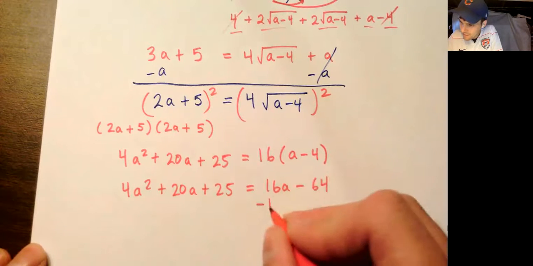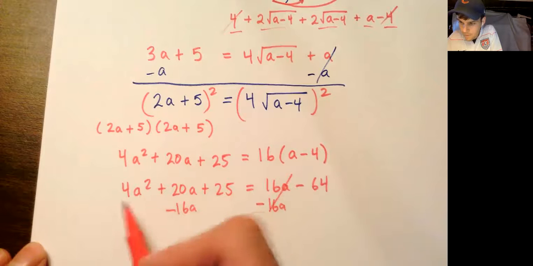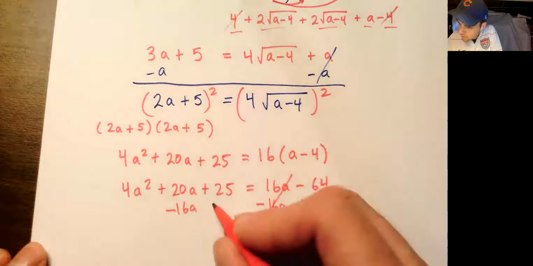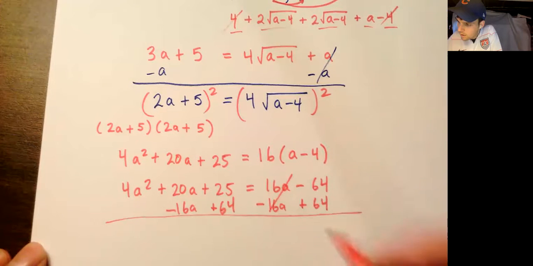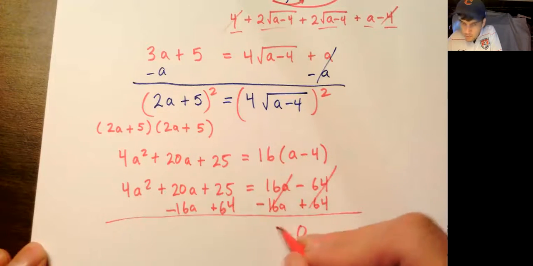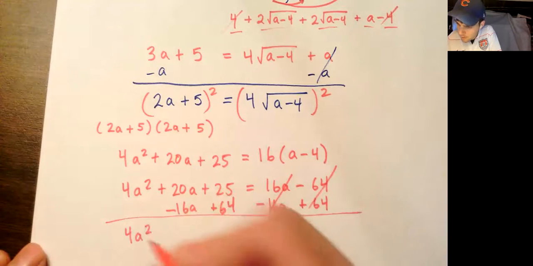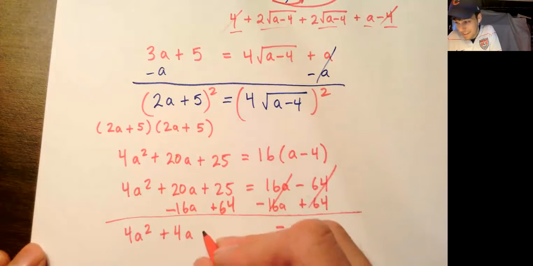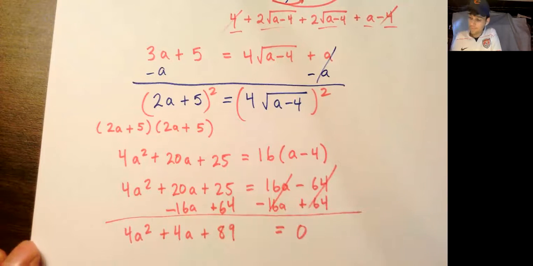Let's see, subtract 16a. This is a regular quadratic at this point. And then add 64. It's going to give us 0 on one side, which is what we were going for. That's going to be 89. 89, yeah.